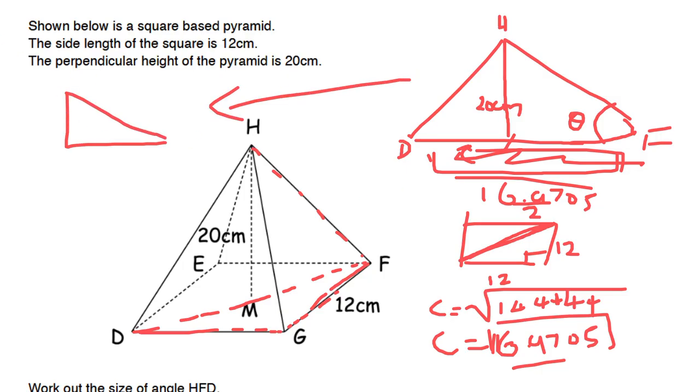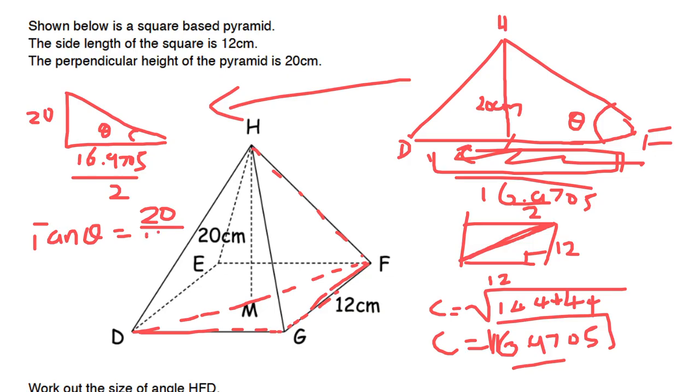So let me redraw this over here. We have theta, 20, and 16.9705 over 2 because that is half of this. It becomes another easy SOHCAHTOA question, right? We have tan theta is equal to opposite over adjacent, 20 over 16.9705 over 2. Sorry for my bad handwriting. But you should pretty much infer what to do next: tan inverse.